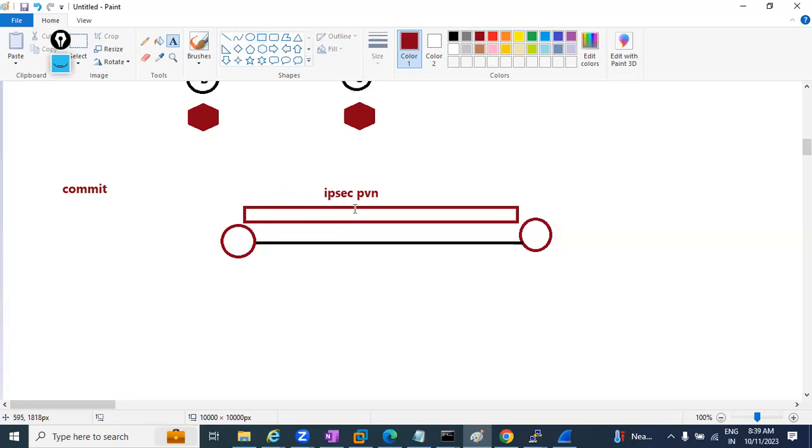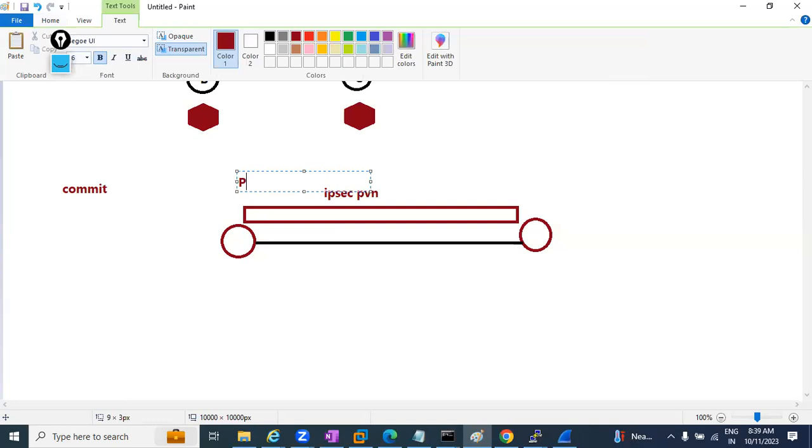Let's consider I'm just talking about phase 2. So guys, tell me for how long this phase 2 would be enabled or up. Tell me.